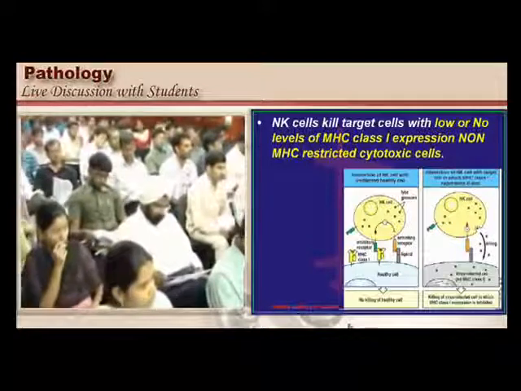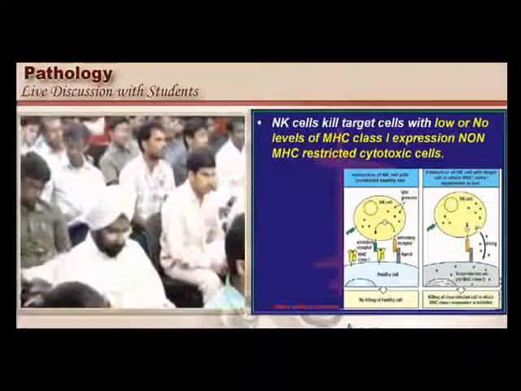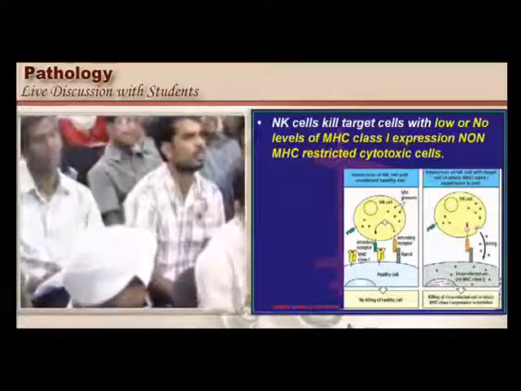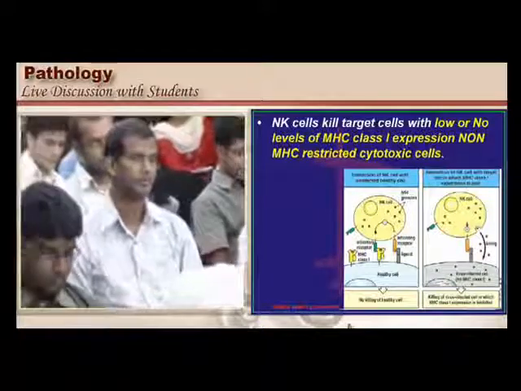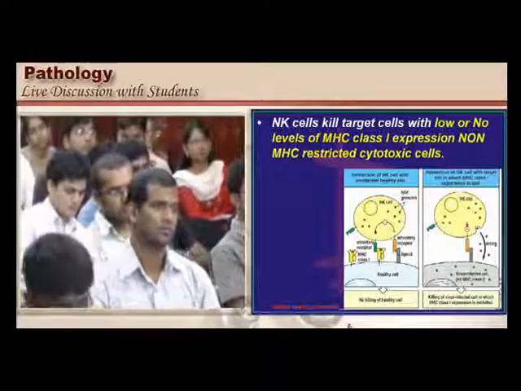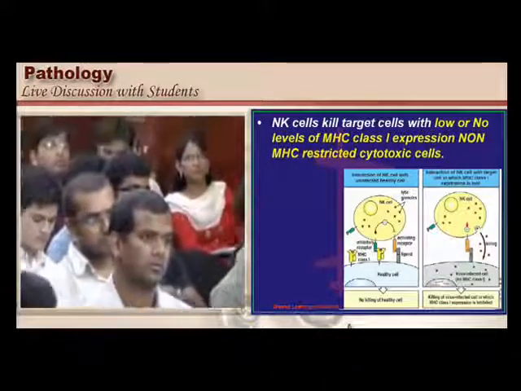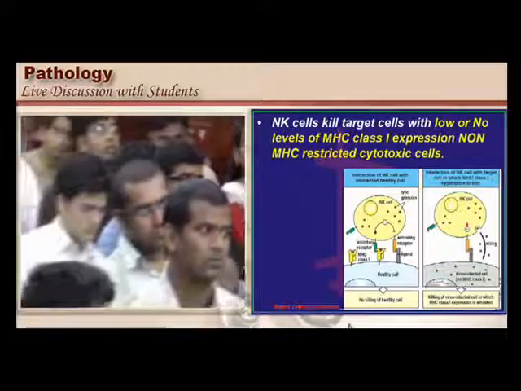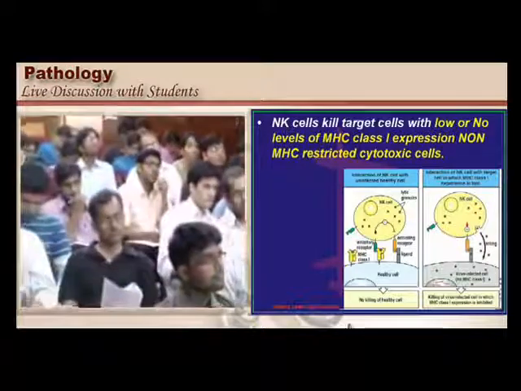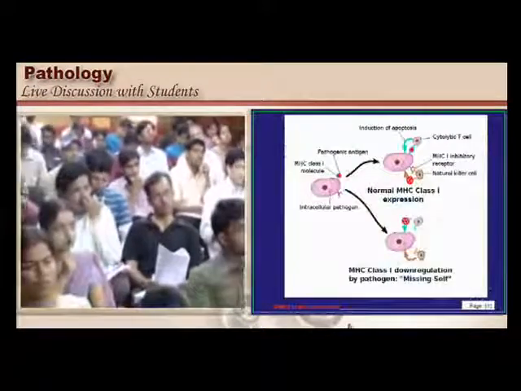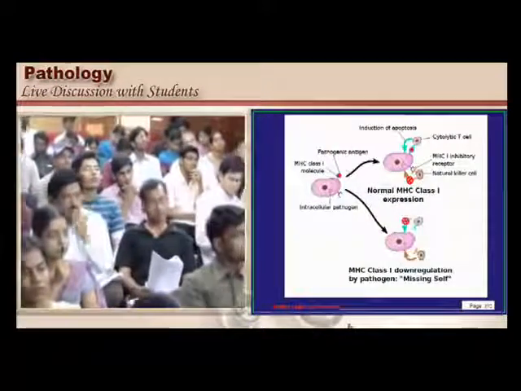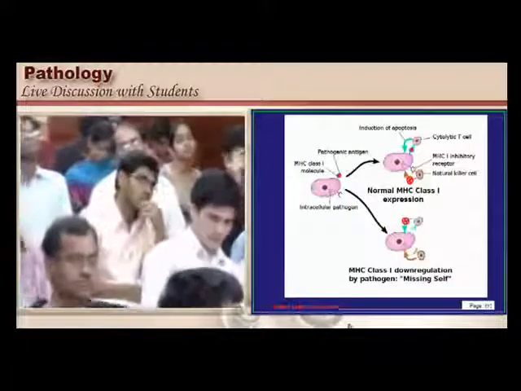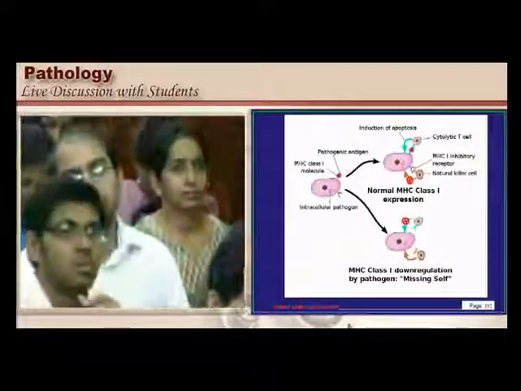So if you take NK cells, there are certain granules which are capable of causing cytolysis, and they come to a healthy cell, but a healthy cell will have a very good expression of MHC class 1. So such a cell it won't do anything, but in a virus infected cell, MHC class 1 is not expressed.